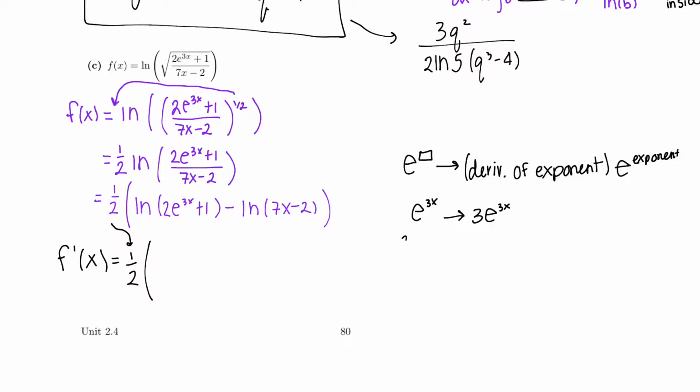Now, if you have 2 e to the 3x, the derivative is 2 times 3 e to the 3x, which would give you 6 e to the 3x.